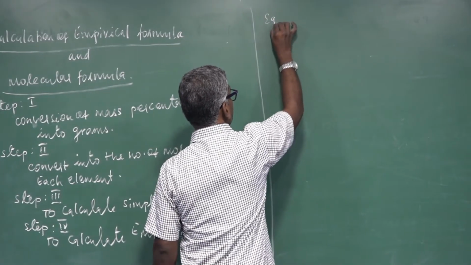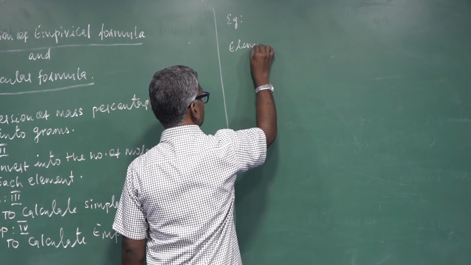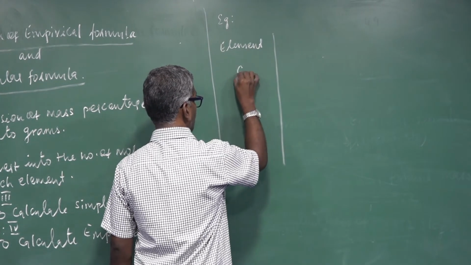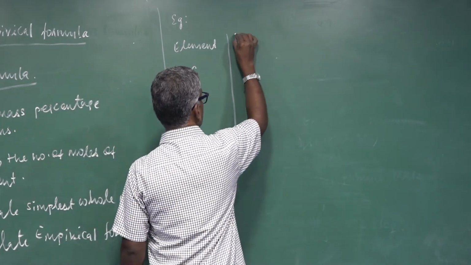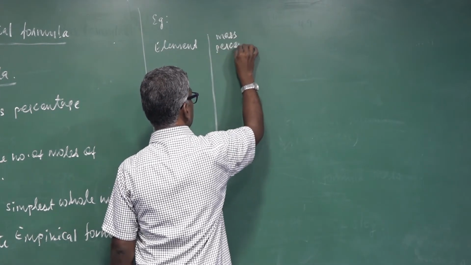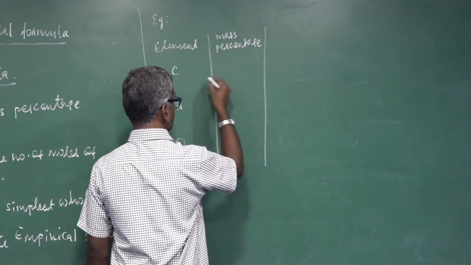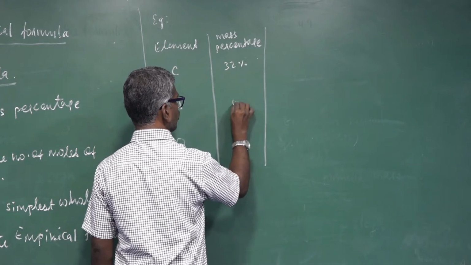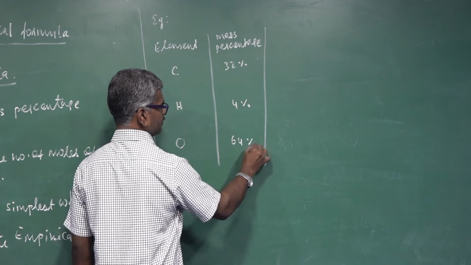For example, elements: carbon, hydrogen, oxygen. Mass percentage: carbon 32%, hydrogen 4%, oxygen 64%.